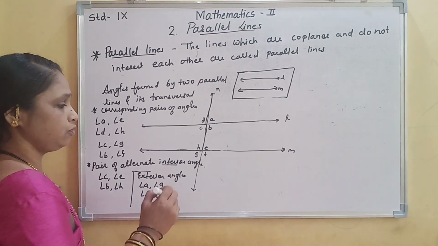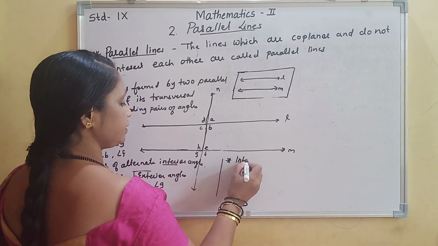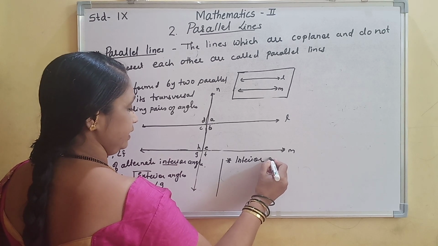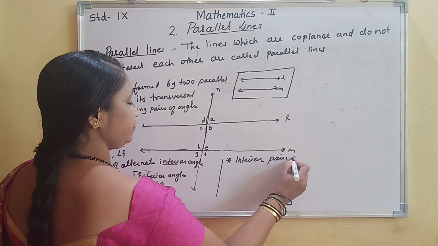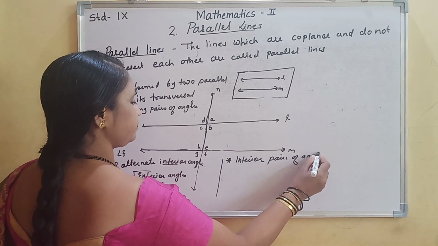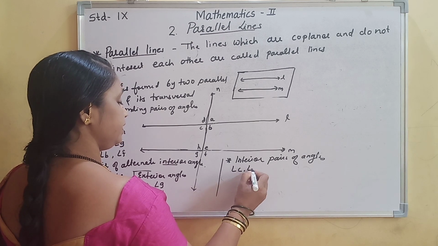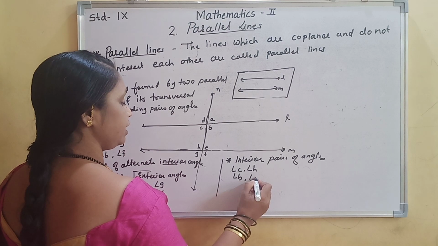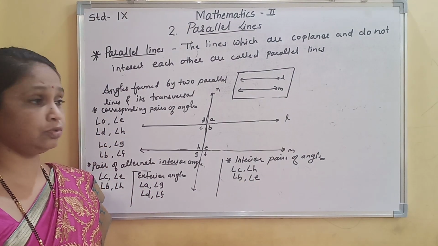Next we have to see the interior pairs of angles. Interior means inside pairs. Angle C is interior to angle H and angle B is interior to angle E. These are interior pairs of angles.